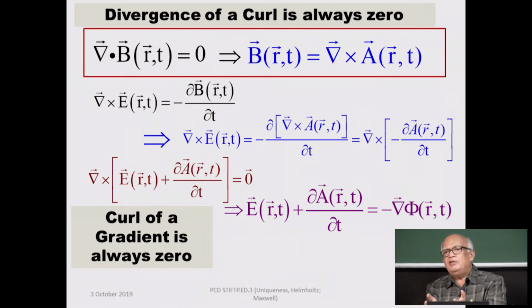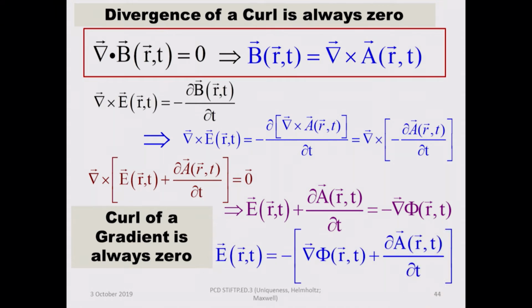So, elementary results of vector calculus are coming in handy, and this is really what seamlessly integrates mathematics with physics. It is absolutely seamless. You do not look at one as mathematics and the other as physics. The potentials in fact are very physical, they are coming out of these equations.